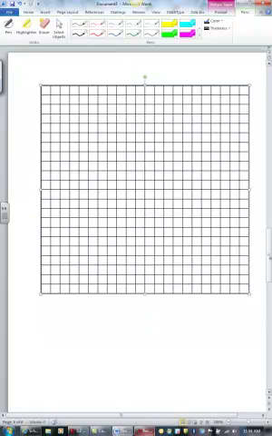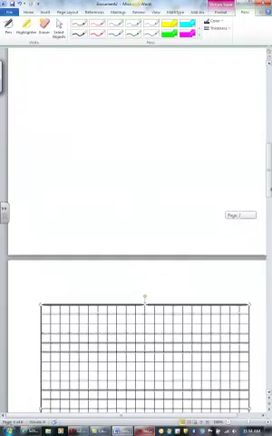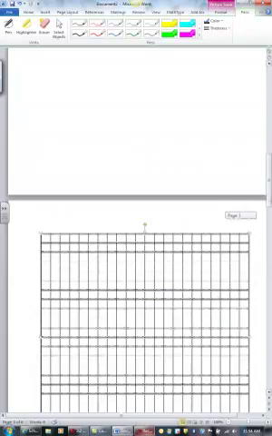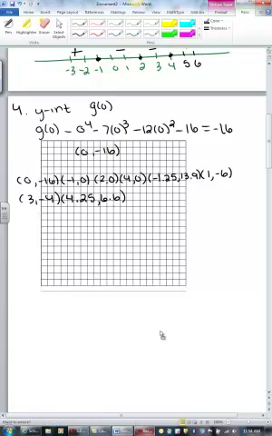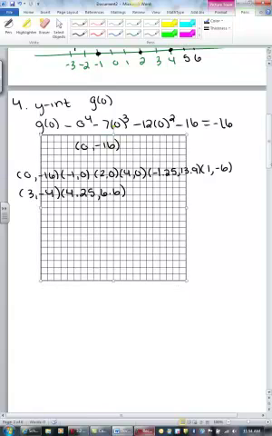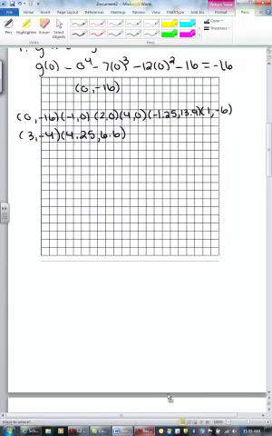Let's see if I can move it. Okay, so we're going to use this graph.